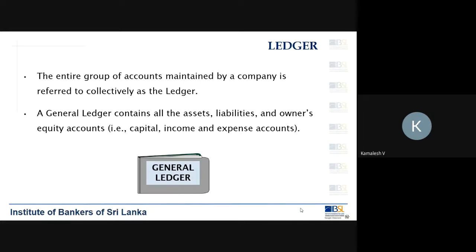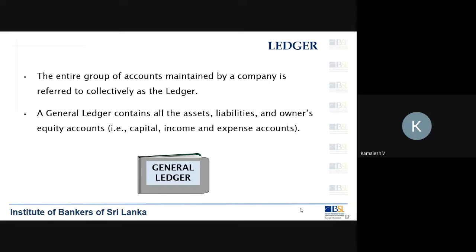But in today's context, you will see that companies and businesses have moved into computerized systems. So you don't see a physical ledger. I don't know how many of you have seen in your respective organizations how a ledger looks.